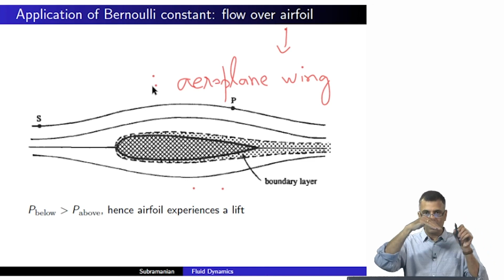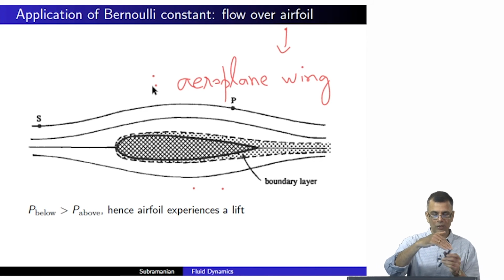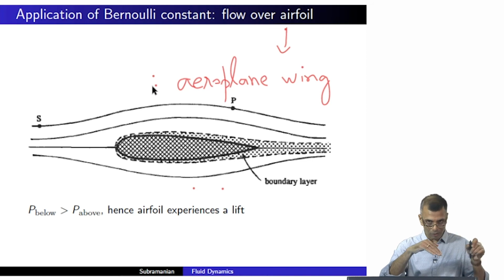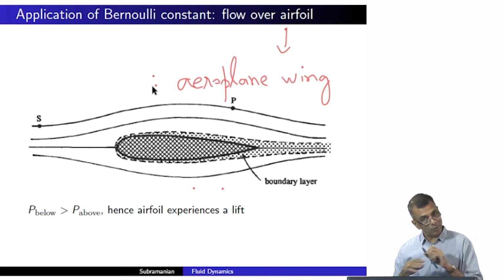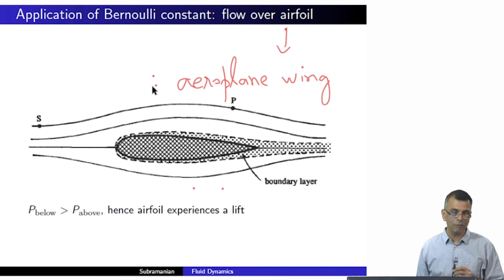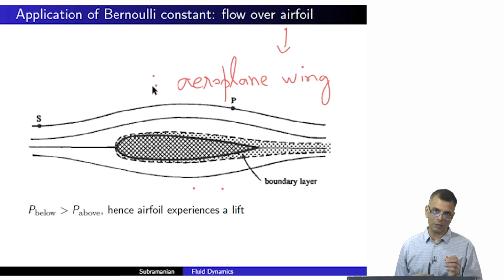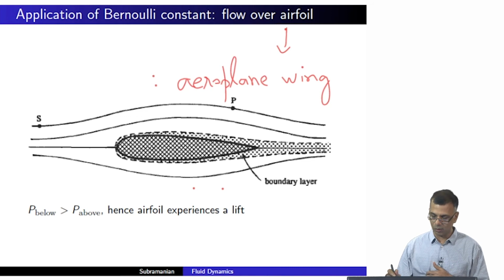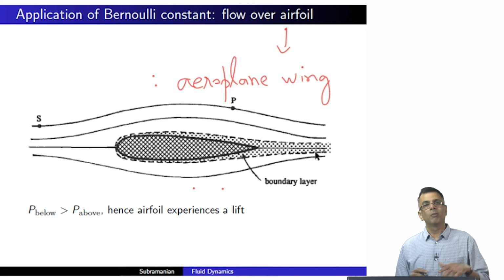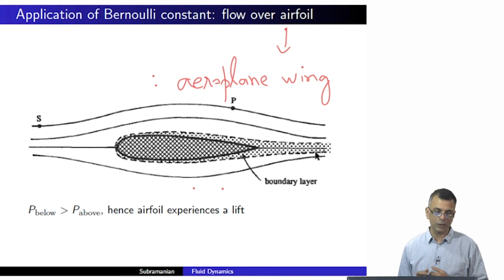If you consider one streamline all throughout, the Bernoulli constant is constant all throughout the streamline. You're making many assumptions here, of course, that the flow is inviscid and so on and so forth, not necessarily true in real world situations. In particular, you're neglecting effects like the boundary layer. But nonetheless, it's a very useful rough way of understanding this.